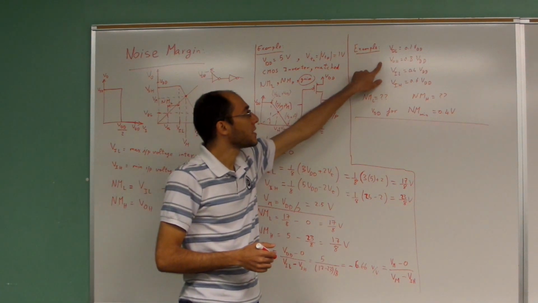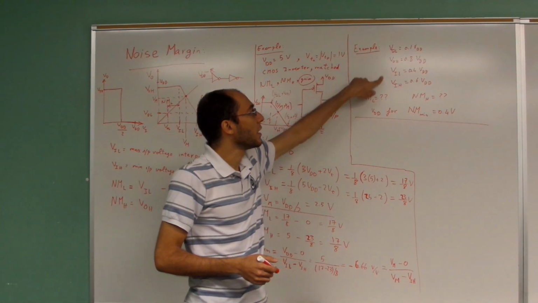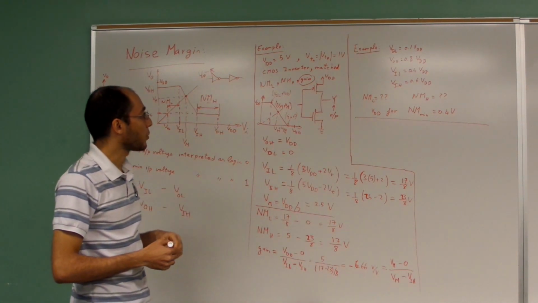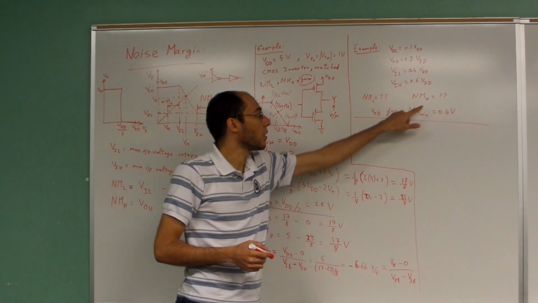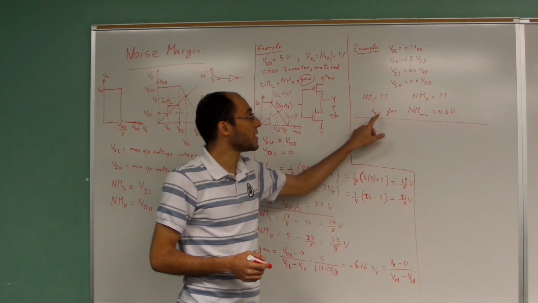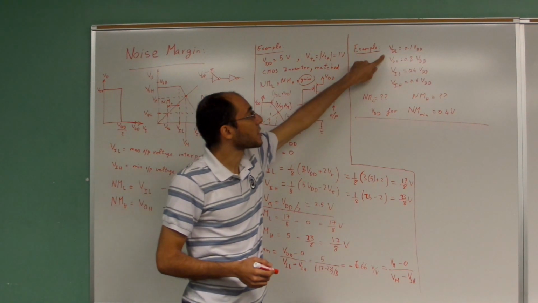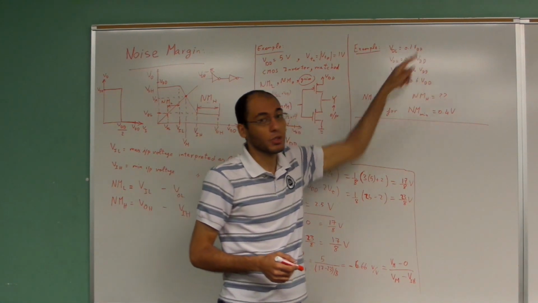Another example is not a CMOS example. It gives me all of the values of the input low and input high, output low and output high, and what I'm asked for is the noise margin low and high, and the value for the VDD. Why is the value for the VDD required? Because output low, output high, input low and input high are all given in terms of VDD.